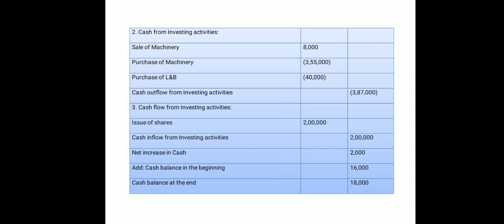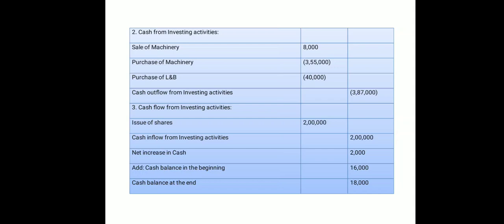While discussing the question, we sold the machinery, that is an inflow of cash. So taking the sale of machinery under investing activities, we sold it for 8,000.